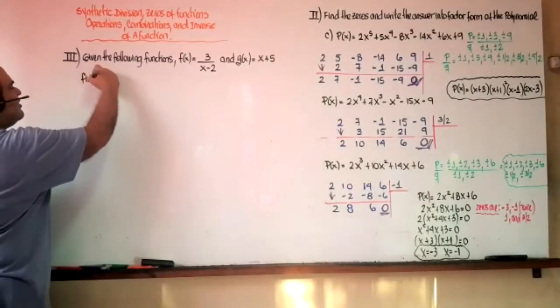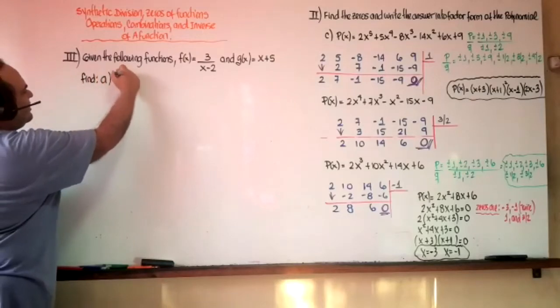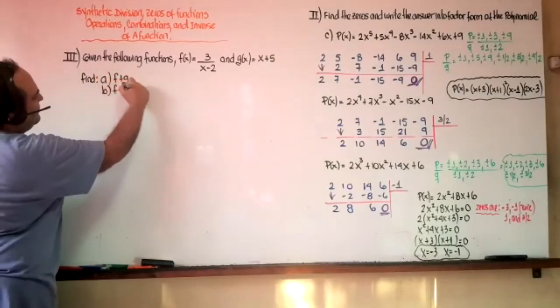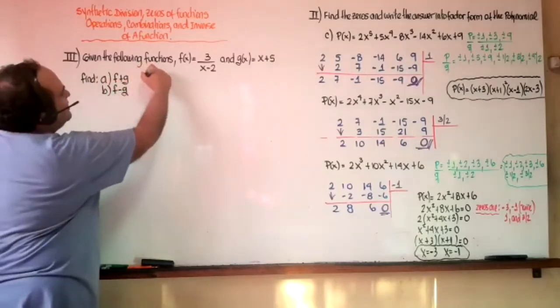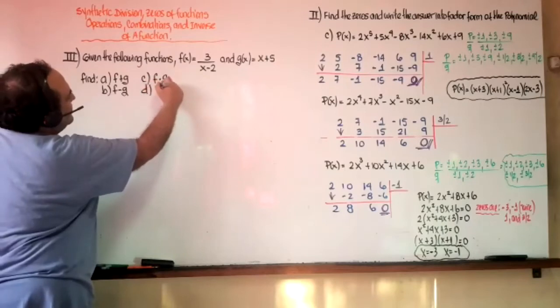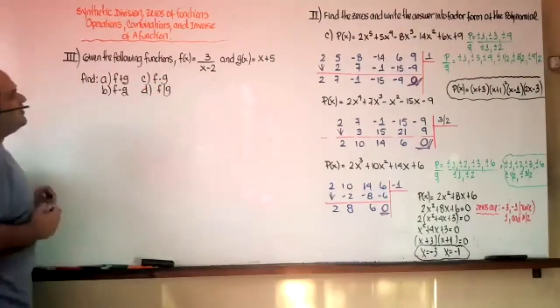Find letter A, f plus g; B, f minus g; C, f times g; and D, f over g.